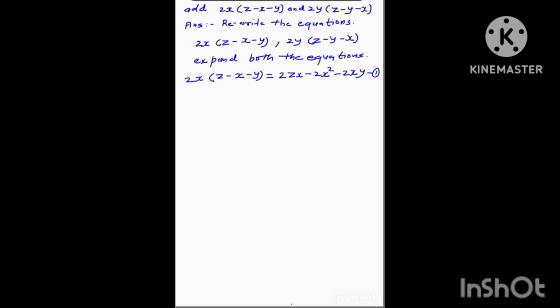At least in the same problem, follow the order so that you can recognize similar terms properly, very easily. Okay. So another expansion, 2y into z minus y minus x equals 2zy. So I am writing z first always, minus 2y square minus 2xy.